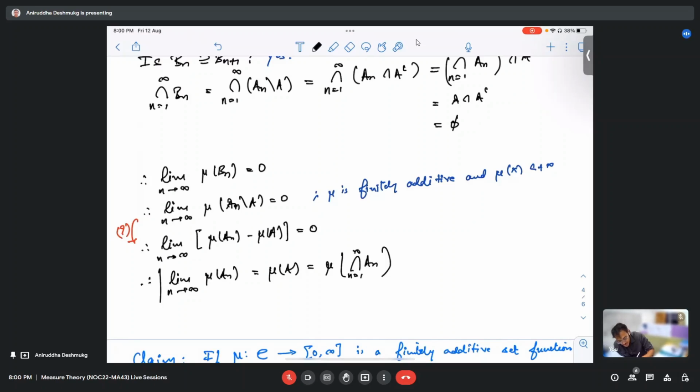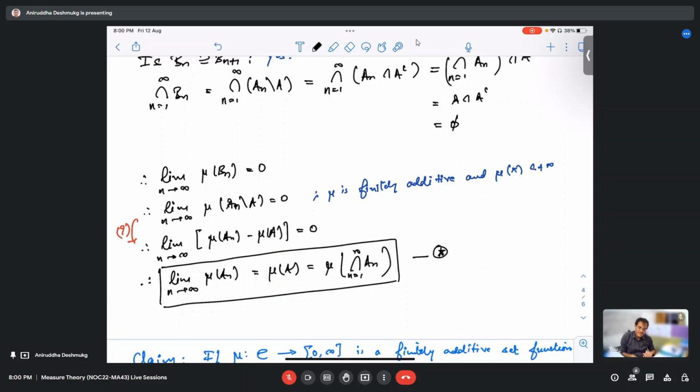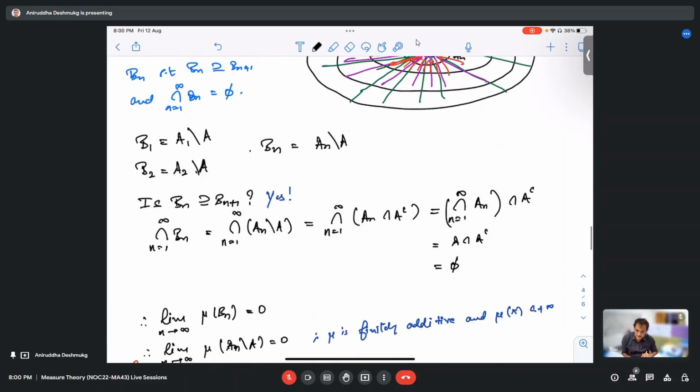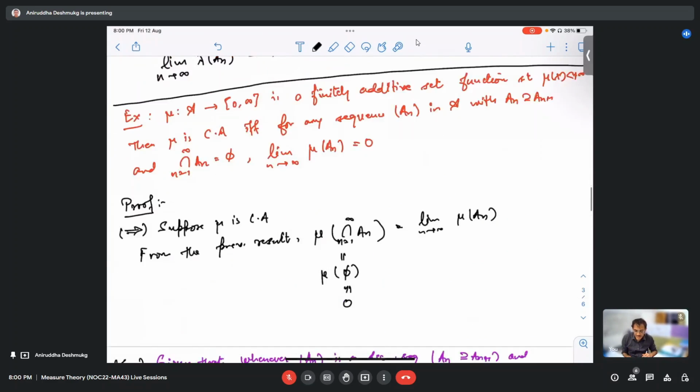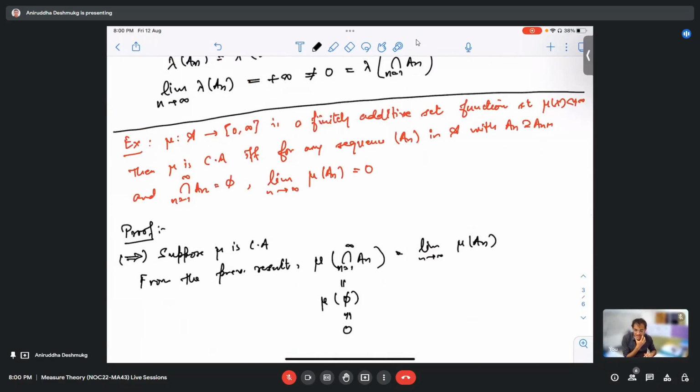And this is what we wanted to prove. So continuity, when given that the mu of X is finite, is the same as saying that whenever a decreasing sequence goes to the empty set, the corresponding mu A n go to zero.